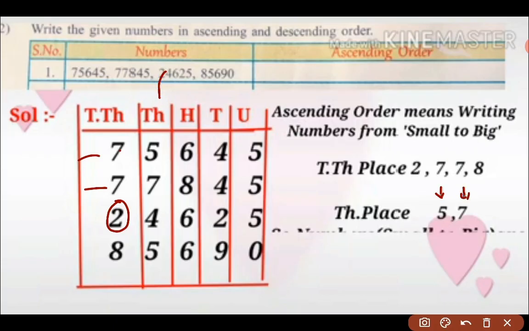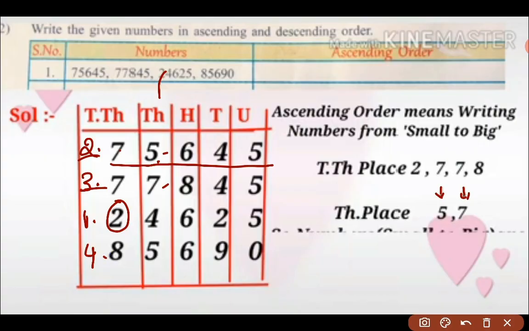So we have 5 and 7. So 75,645 would be the second number, because 5 is less than 7, right? So the first is the lowest number, the second lowest number will be this, this would be third and this would be fourth.